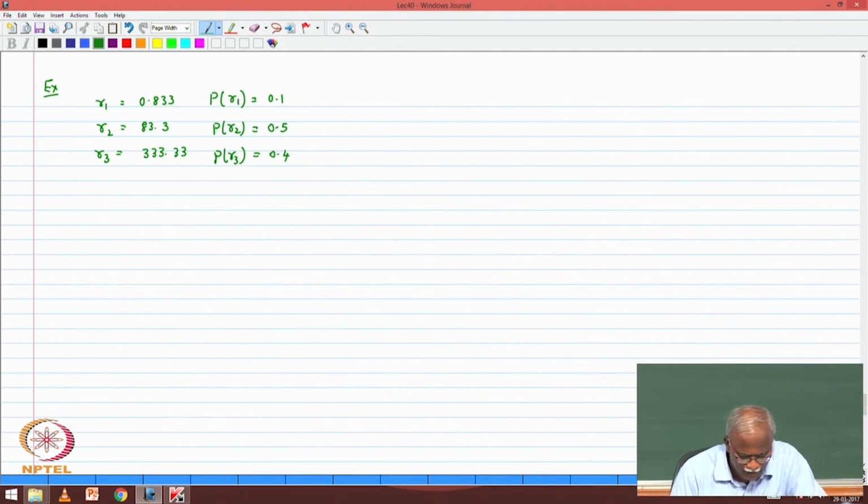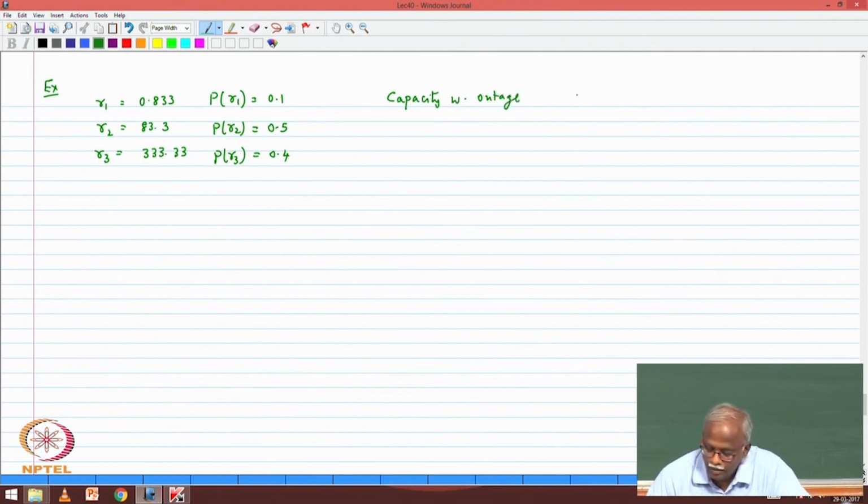What we have already computed is the capacity with outage. What is the best that we could do in terms of capacity with outage? Assume 10% outage, and therefore you will get the capacity corresponding to 83.3 multiplied by 1 minus probability of outage.